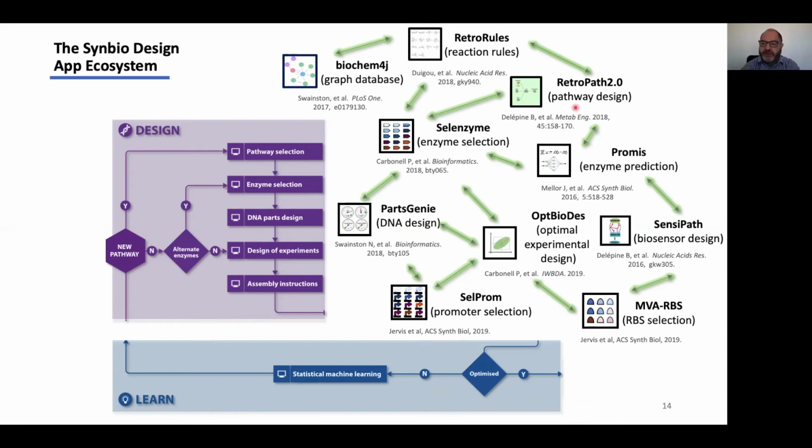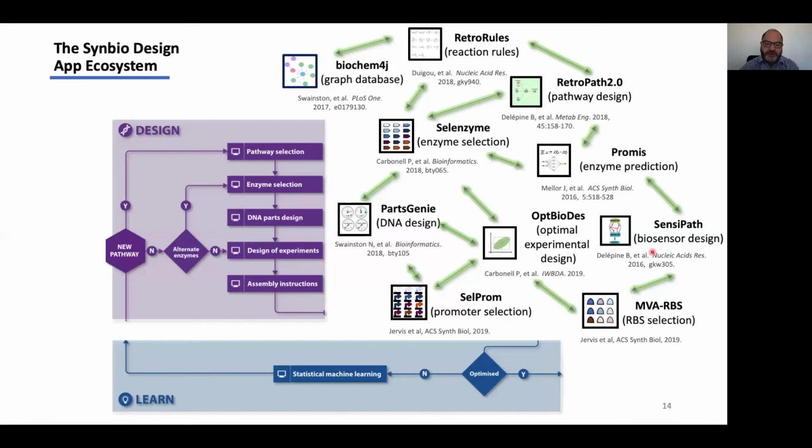So that's why we are providing a full portfolio of possibilities, like selecting our pathways using this tool Retropath, or selecting the enzyme sequences, the DNA design, the selection of promoters, of the ribosome binding site, the experimental design, or even biosensor design. So that's a little bit the idea.